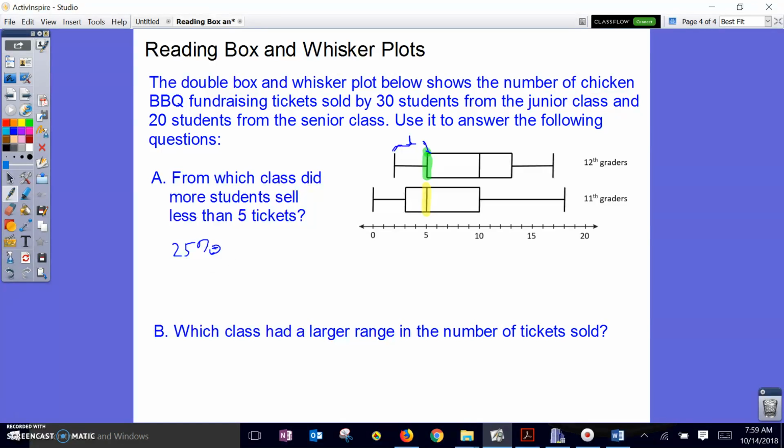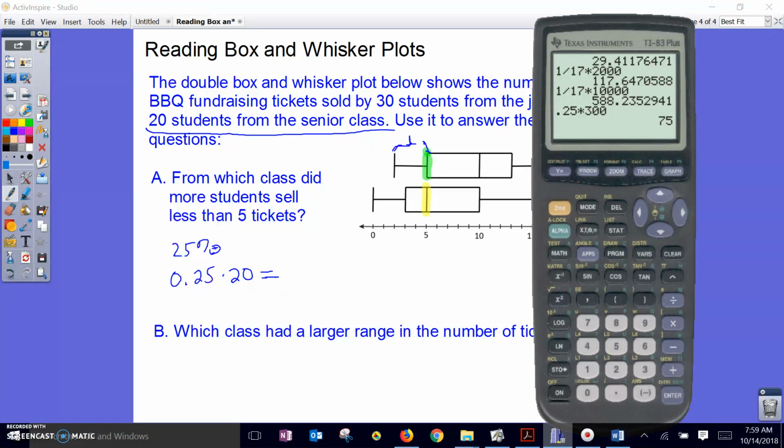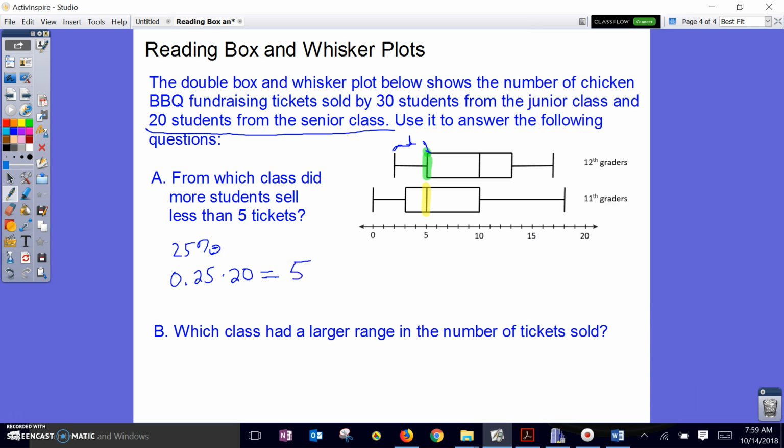Okay, now how many 12th graders are there? There are 20 students from the senior class. So if I take 0.25 times 20, that's how many students sold less than 5 tickets from the senior class.